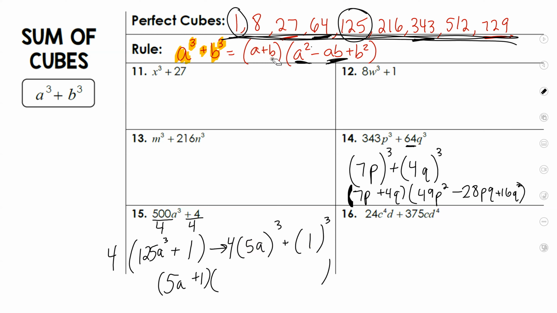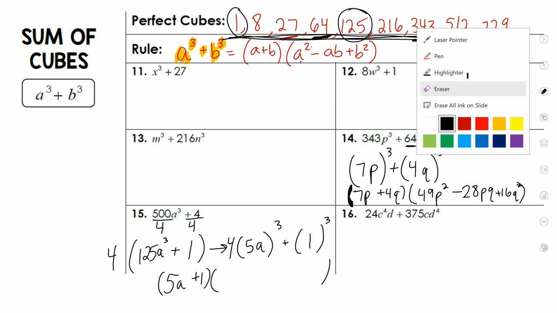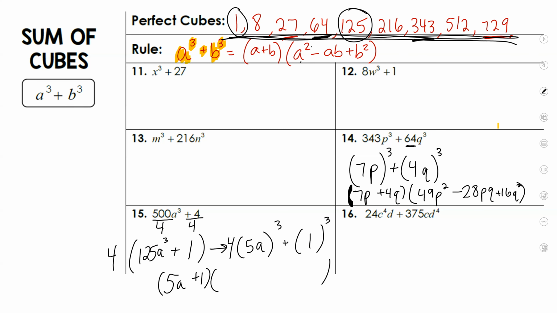Next, I'm going to do the a squared part. Let me highlight what we're doing. So this is a squared, and this is my a value right here. So I have to square 5a. That will become 25a squared.